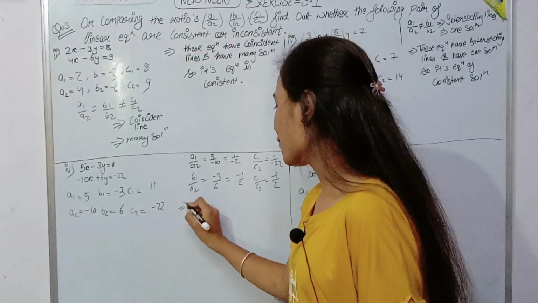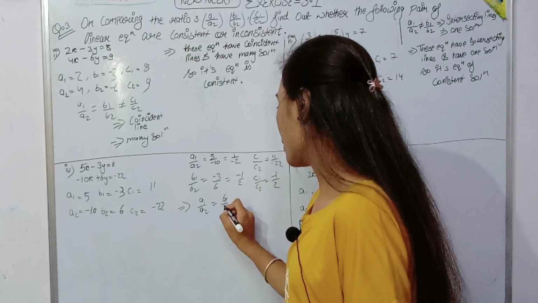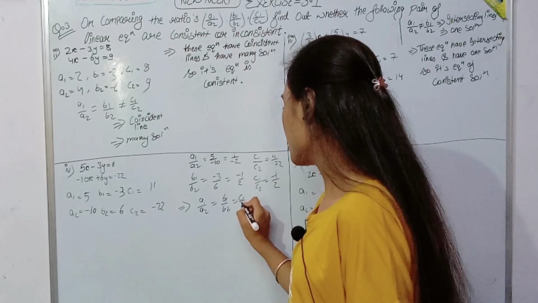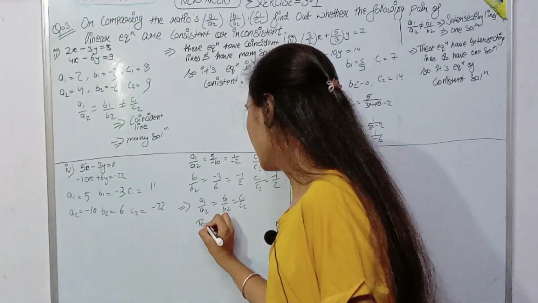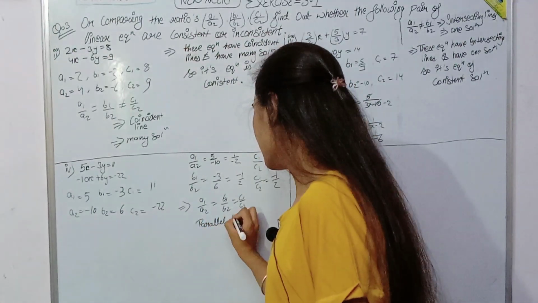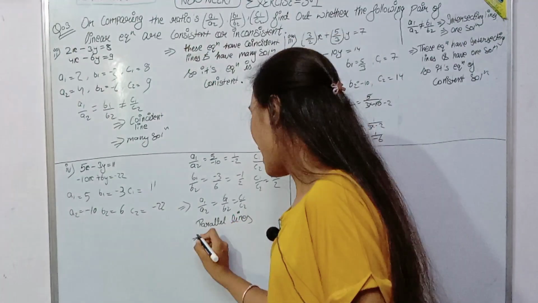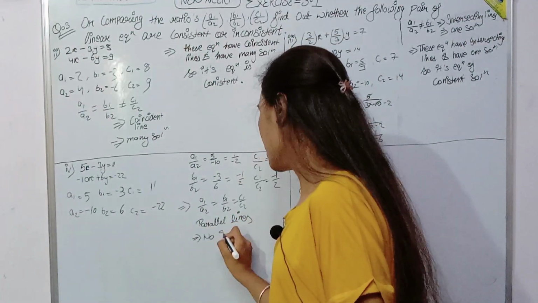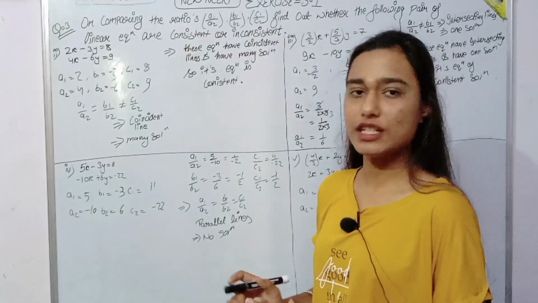In which a1 upon a2 equals b1 upon b2 equals c1 upon c2. This is the condition of parallel lines: a1 upon a2 equals b1 upon b2 equals c1 upon c2, in which parallel lines are formed, and it has no solution. So we can say that it's an inconsistent solution.